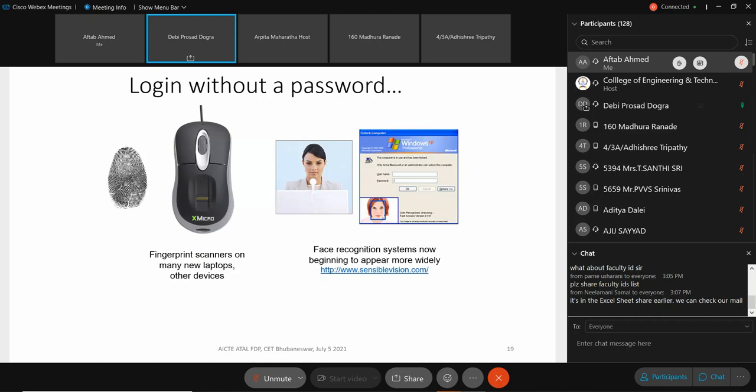So even with face unlocking, people may enter your system with a photograph. So how do you come up with a more sophisticated, more accurate model that will not be fooled by such intruders? Okay, so that is one challenge.